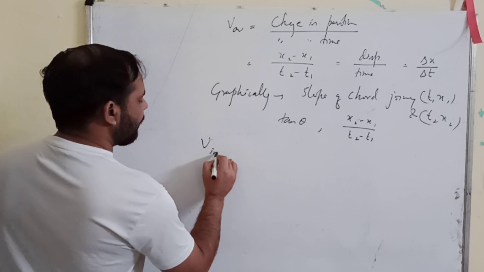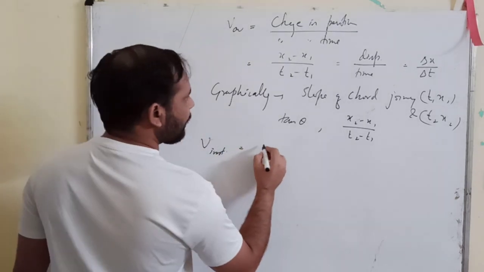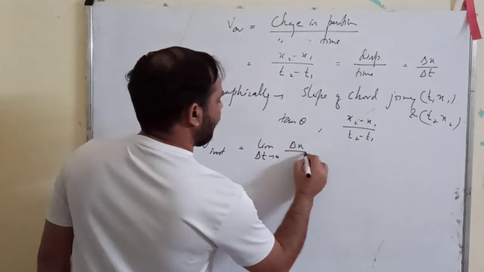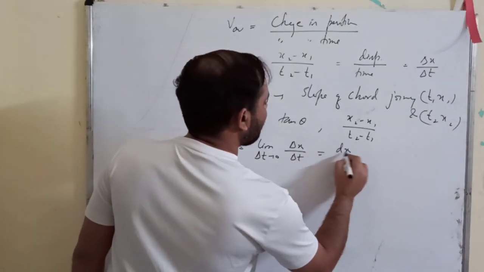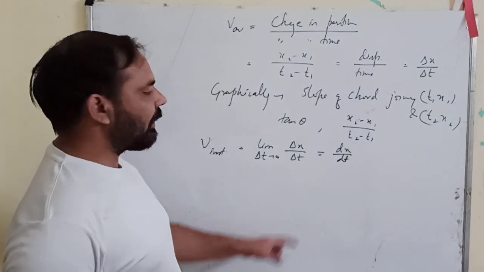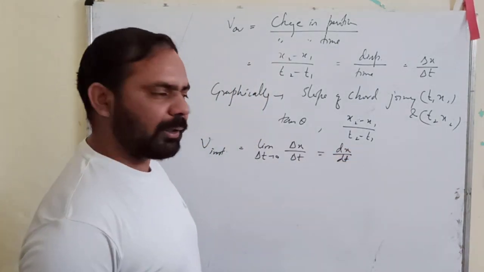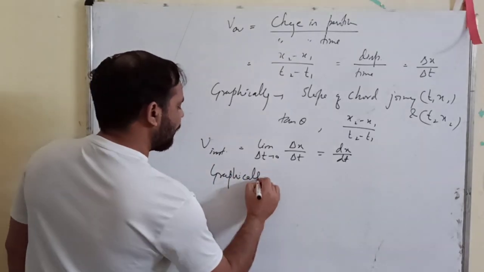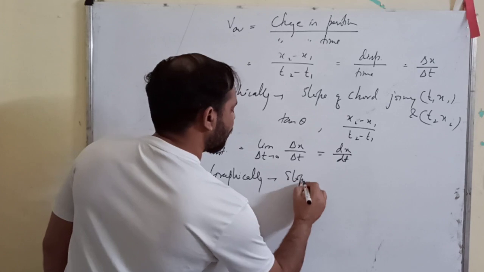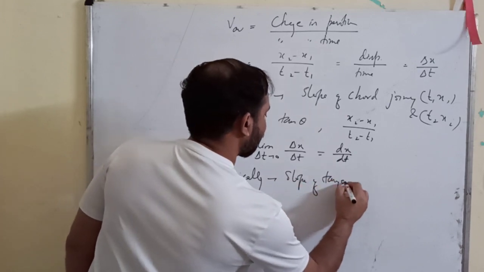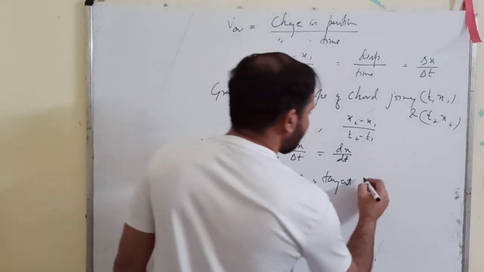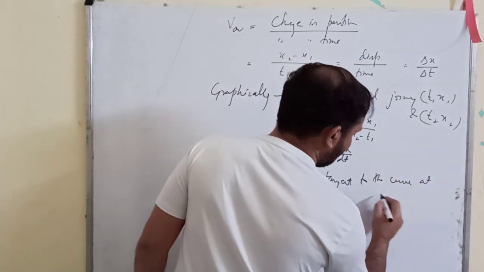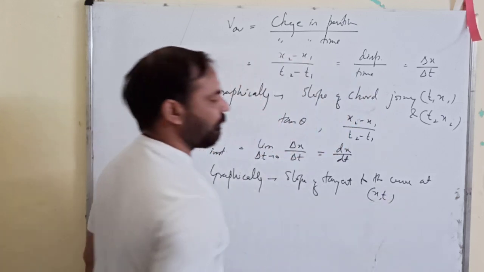Now V instantaneous, mathematically, is the limit as delta t tends to 0 of delta x upon delta t, which is nothing but dx upon dt, the derivative of displacement with respect to time. Graphically, it is the slope of the tangent to the curve at x comma t.